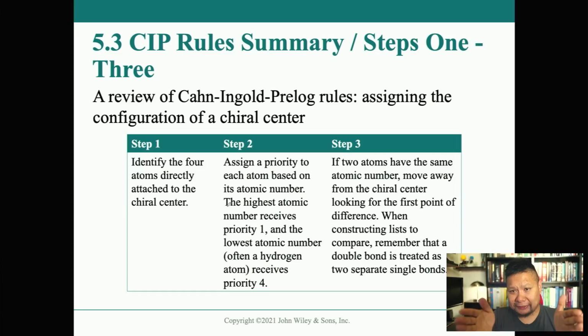So say the first two constituents that were connected to the chiral carbon were 2 other carbons. You would go to the next atom after that. If one carbon had an oxygen connected to it and the other carbon had a carbon connected to it, then the one with the oxygen will get the priority. Okay?